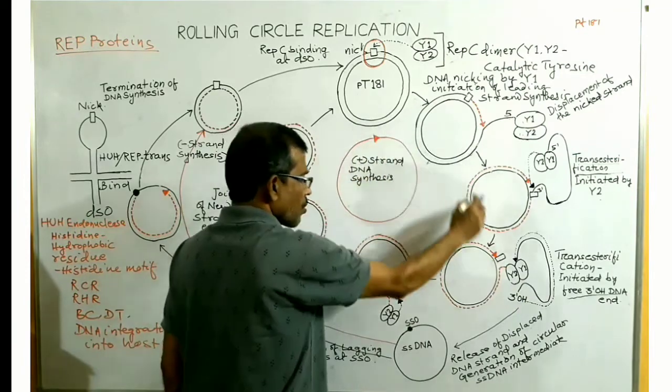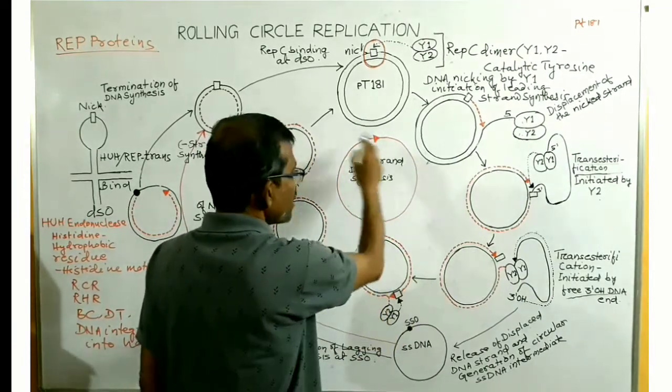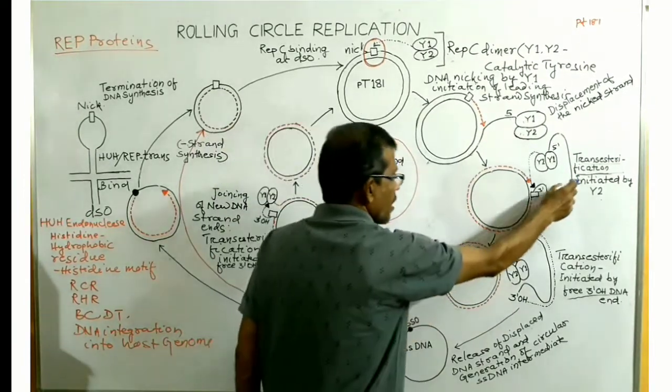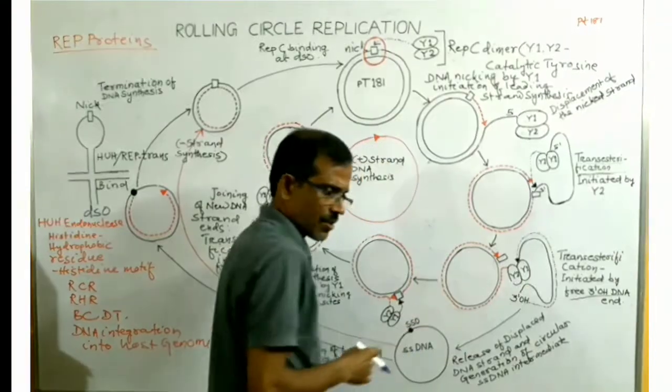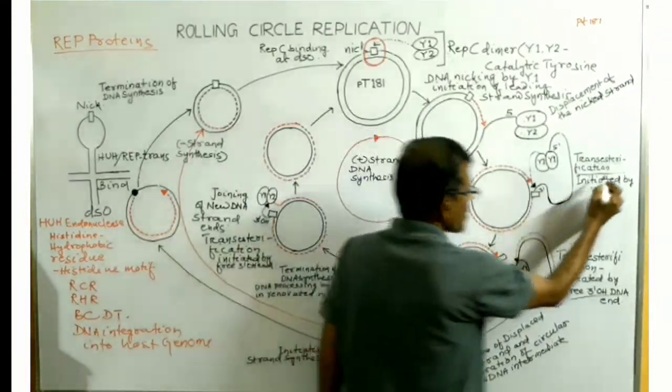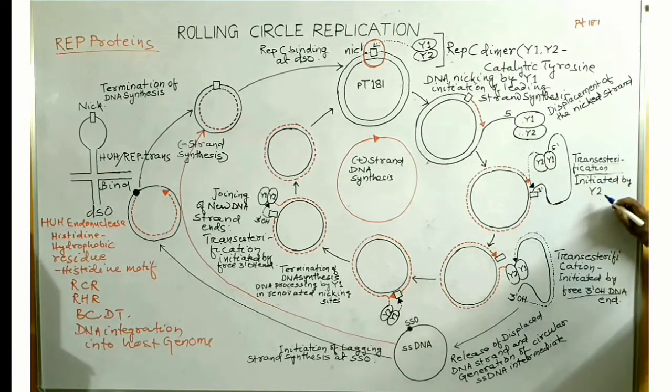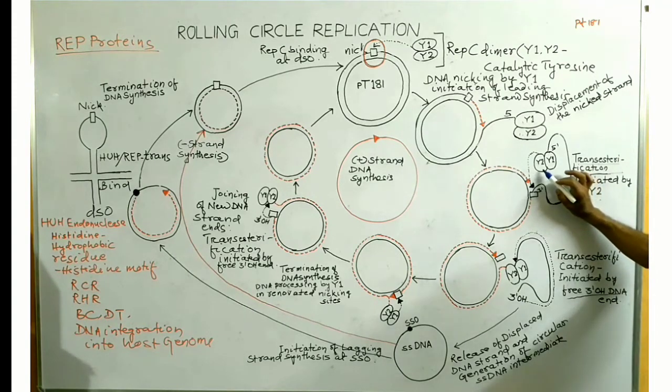So during the course of synthesis of the leading strand, there are several transesterification reactions. The first transesterification reaction is initiated by Y2. In this transesterification reaction, the catalytic tyrosine residue Y2 makes a nucleophilic attack on the phosphodiester bond.